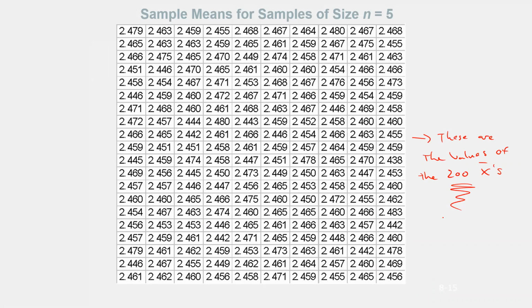So what I want to do now is investigate the distribution of these 200 X bars. Next, we want to look at how the X bars are distributed. And this is really amazing, what statisticians and mathematicians have discovered.